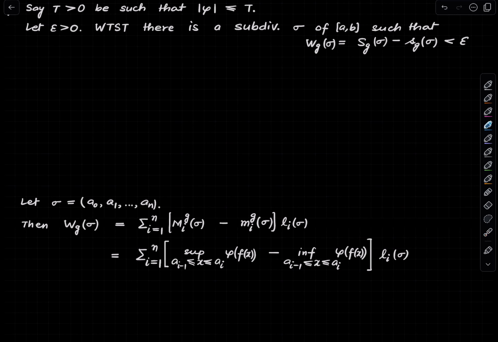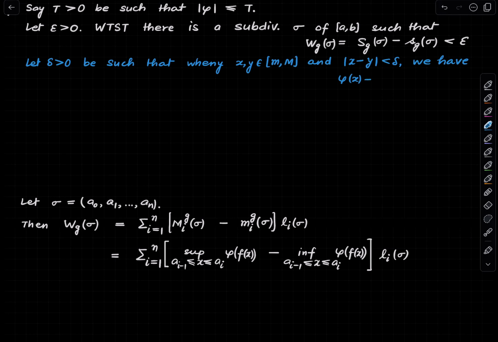So by uniform continuity of phi, we can find a delta such that whenever x and y are in the domain of phi and they are distance less than delta apart, we have their images under phi are less than some small number apart, and by back calculation that number I have chosen to be this much.